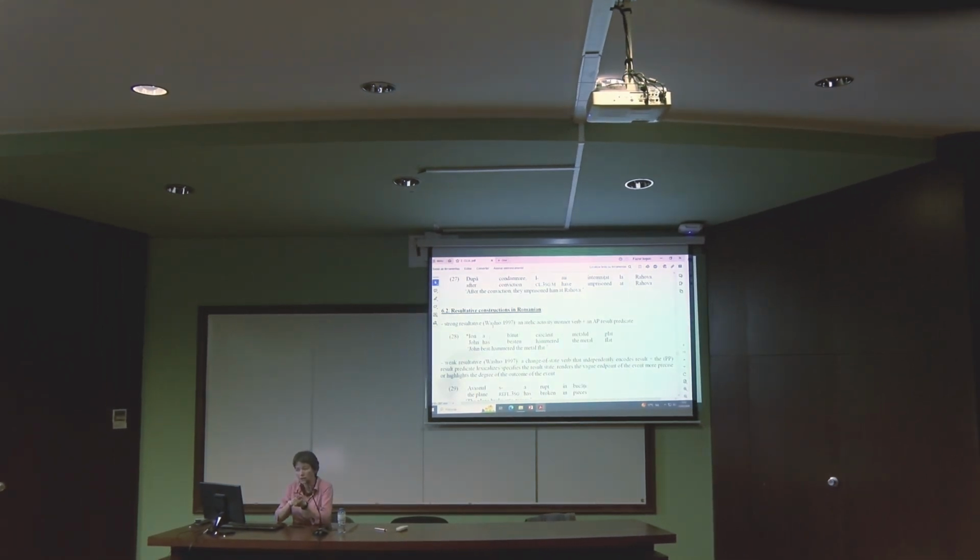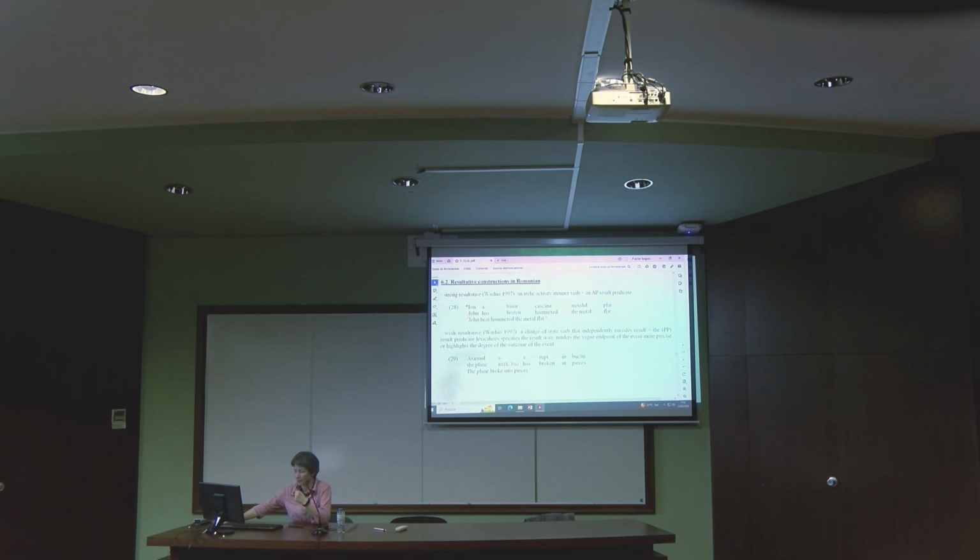Romanian and Romance languages, and more generally verb-framed languages, have what we call in the literature weak resultatives. That is, the verb independently expresses change of state, which encodes result, and then usually not an AP but a PP result predicate, which only lexicalizes or specifies the result state, renders the vague endpoint of the event more precise, or highlights the degree of the outcome of the event.